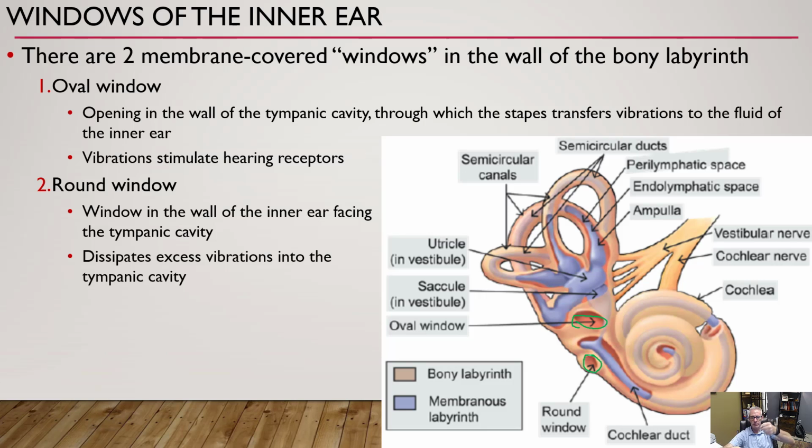As the stapes hits the oval window, the round window will kind of jet out to help relieve that pressure, because remember, the inner ear is a fluid-filled environment. So the oval window pushes in, and the round window jets out to help relieve some of that pressure. That round window will dissipate excess vibrations into that tympanic cavity.